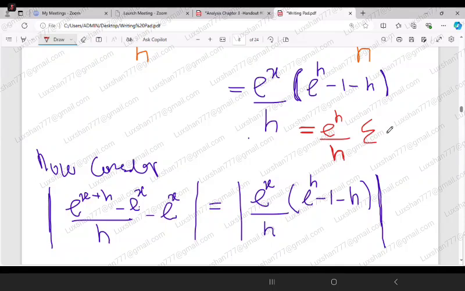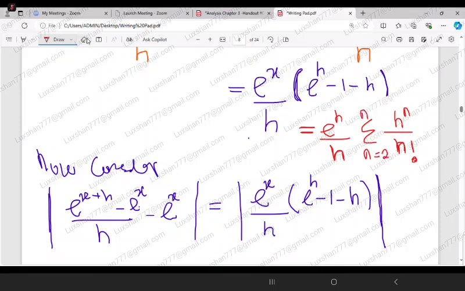summation n factorial over h to the power n, where n equal to n.